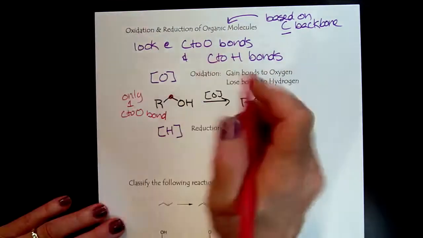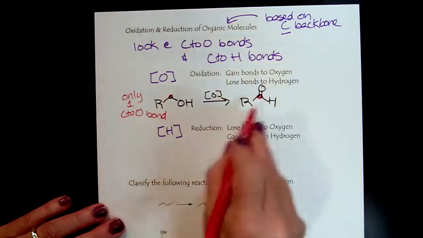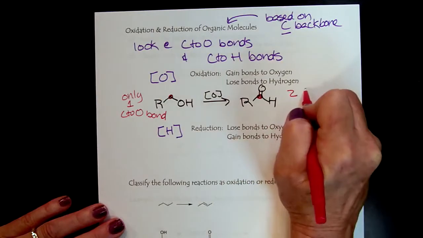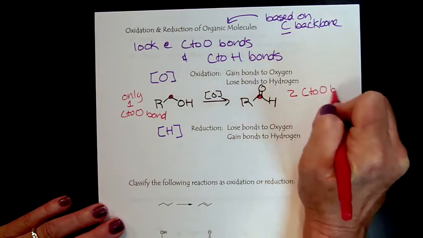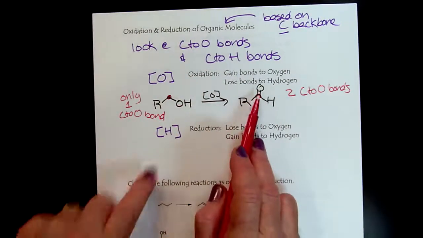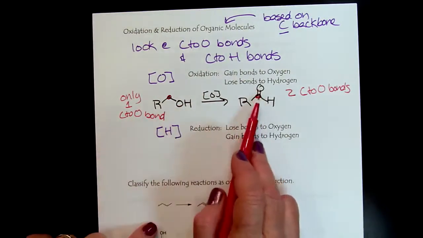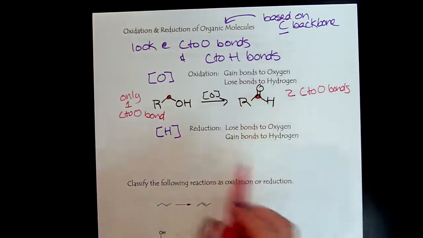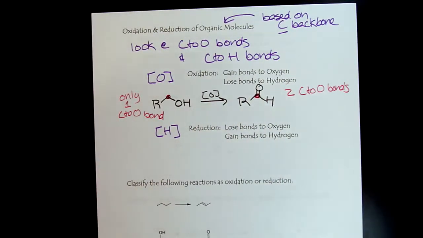So here is the carbon that's still bonded. But now notice there are 2 carbon to oxygen bonds. So notice that there's the same number of oxygen atoms, but we have more bonds between the carbon and the oxygen. So that's why this is an oxidation.